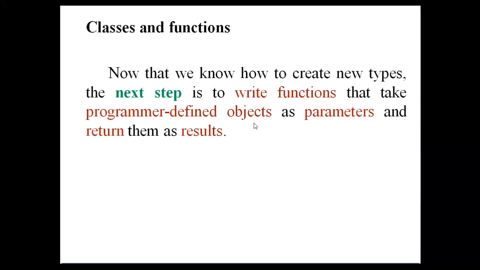Let us start with classes and functions. Till now we have studied how to create a class. After that, we have studied how to declare attributes within a class. So the next step, we can say, is that we are going to create functions.